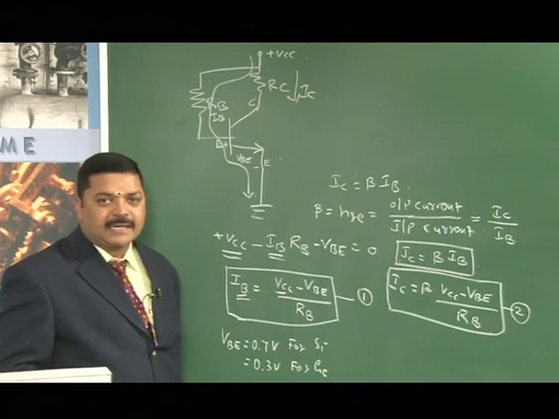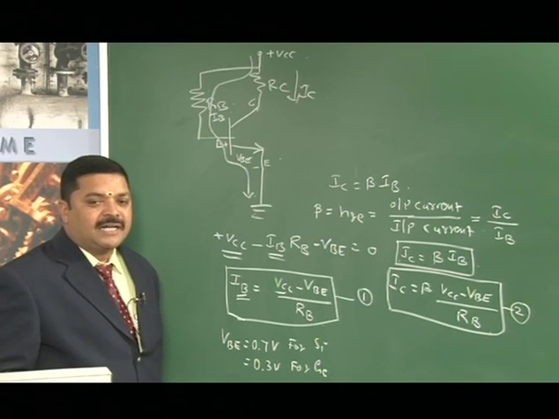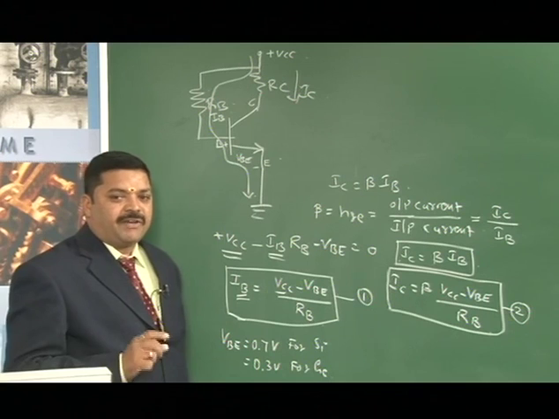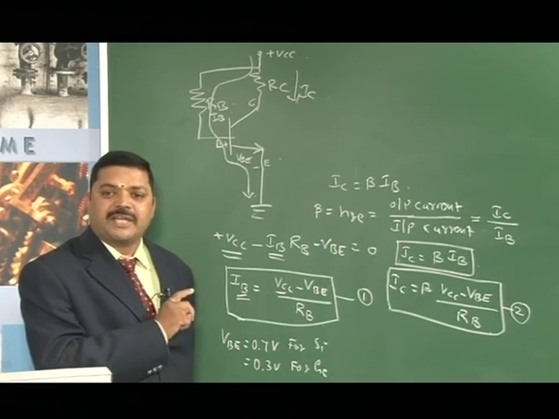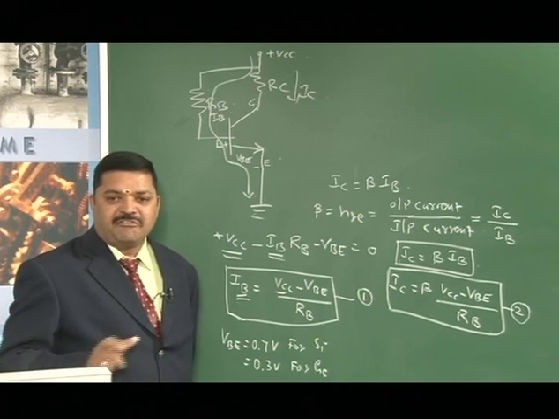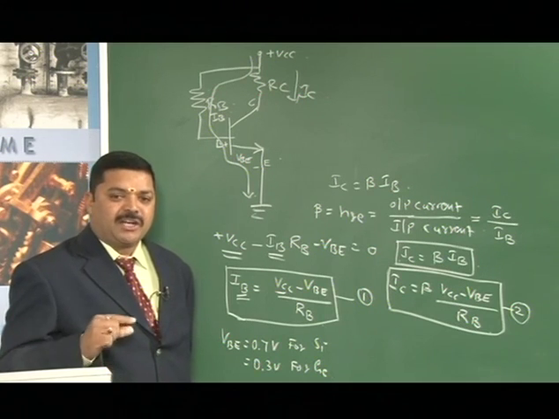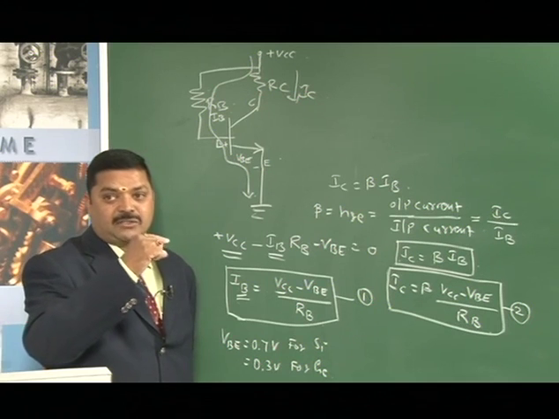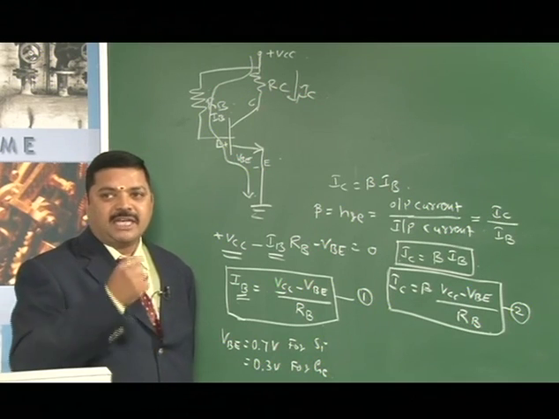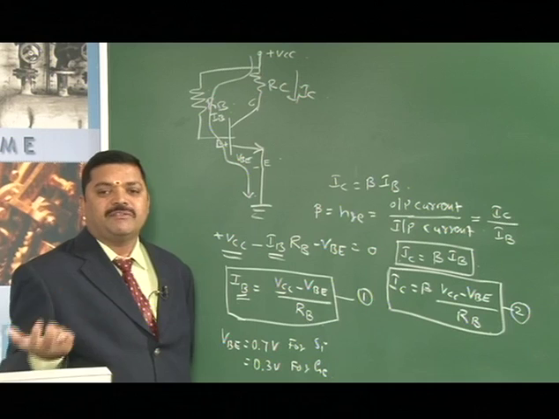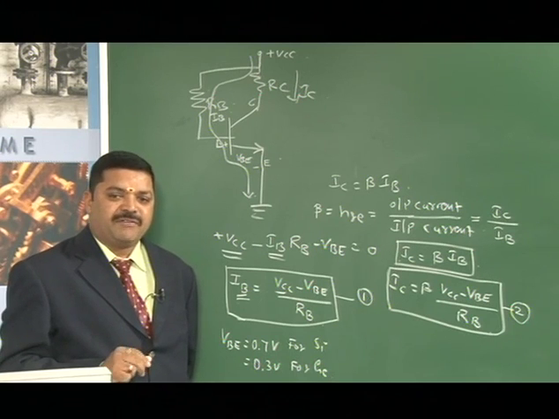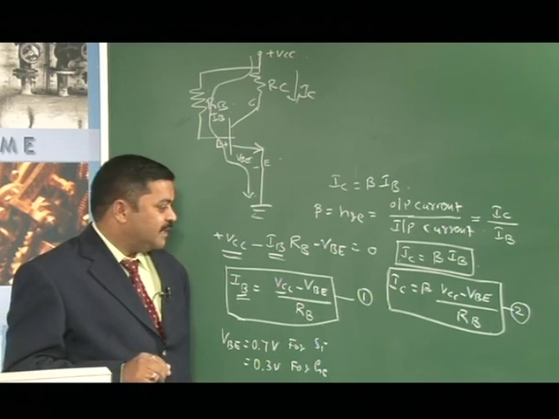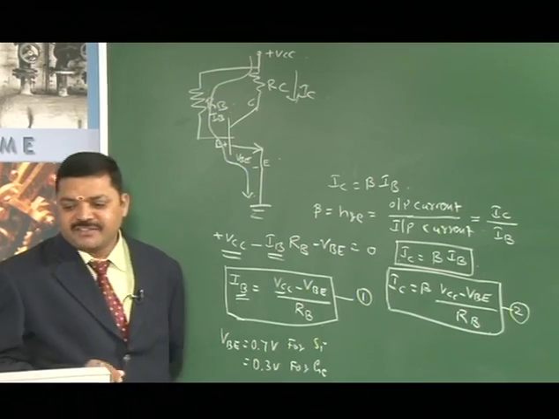Once we fix the operating point at the center of the active region for fixed bias circuit, it won't be further varied. It won't move upwards, which would give unfaithful amplification, and it won't move downwards either. So faithful amplification we will be getting since IC is constant.